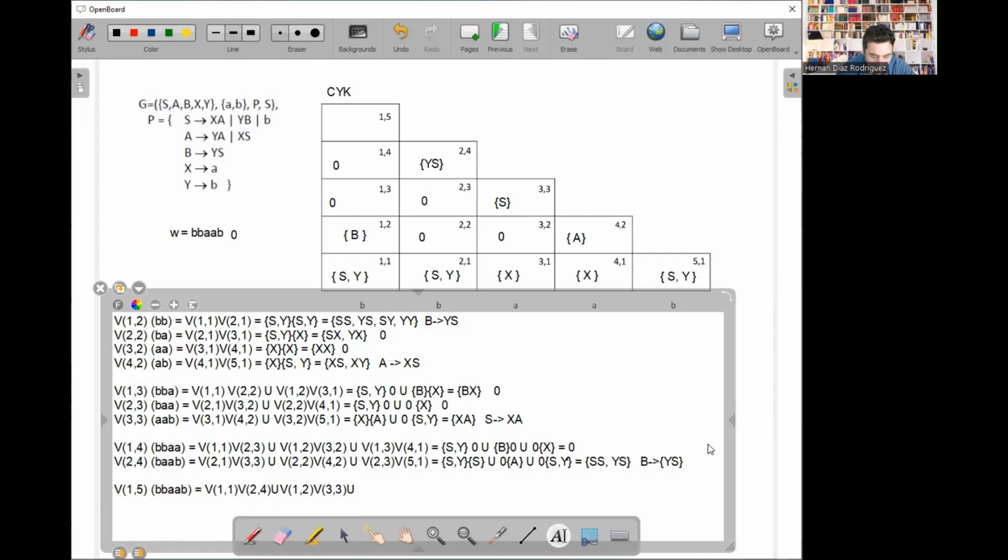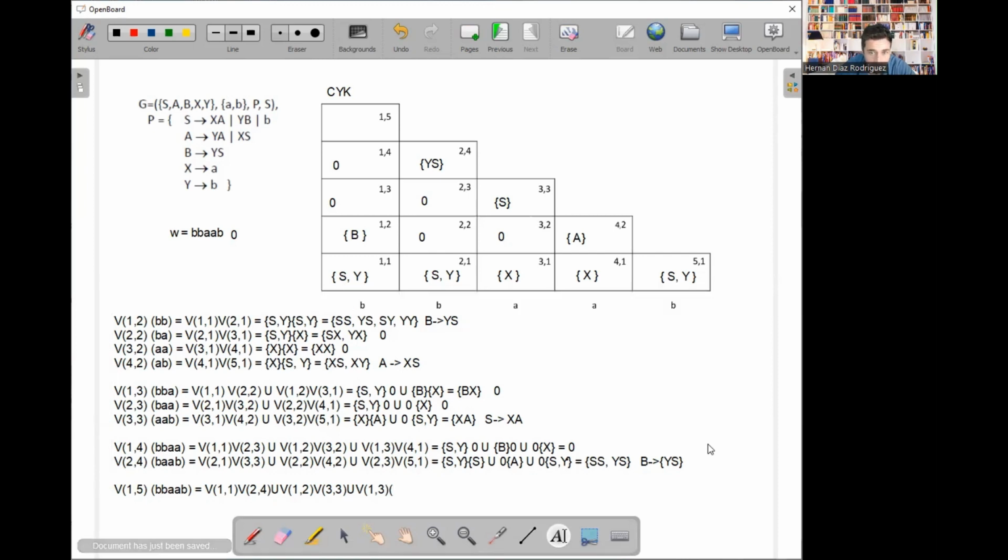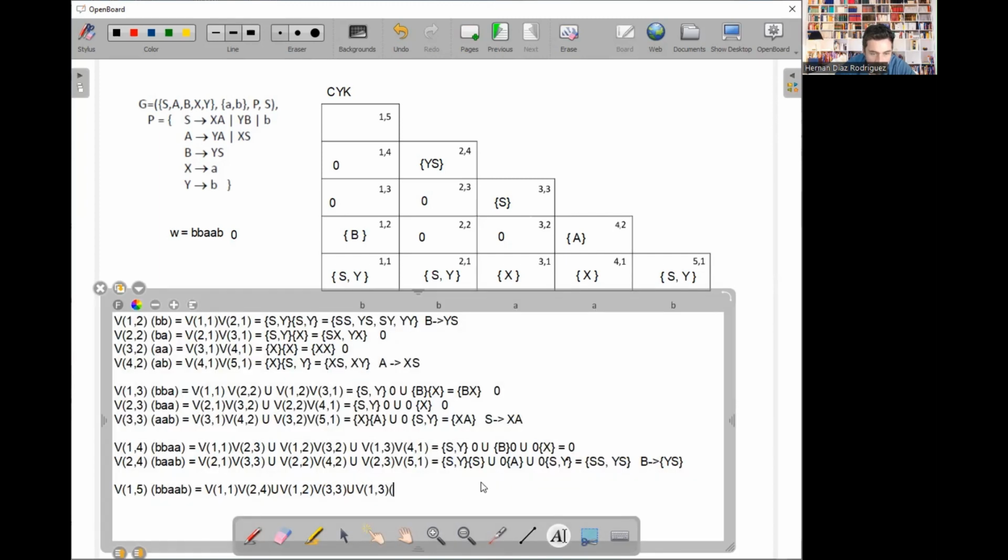Or we can take the first 3 characters and then what produces the last two ones, the fourth and the fifth.